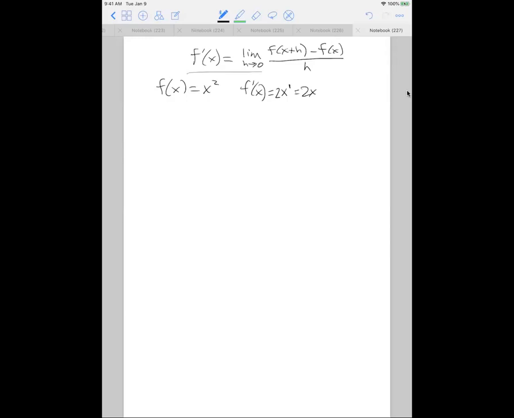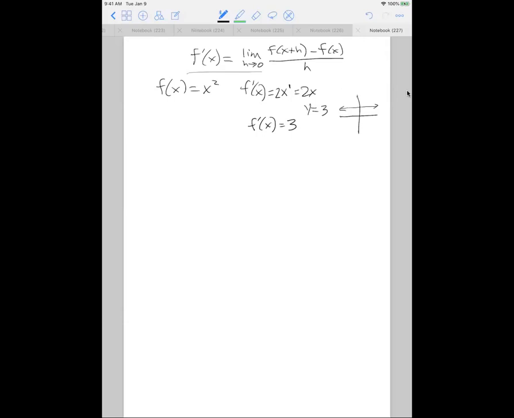Another situation to remember is that if you have the line y equals 3, for instance, that graph is a line going through y equals 3. What's the slope of that line? The slope is 0. So in other words, if you have the derivative of a constant, y equals 3, the answer is going to be 0.